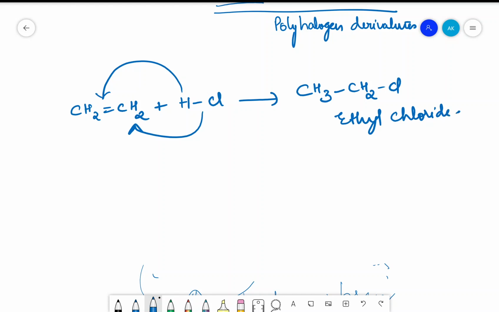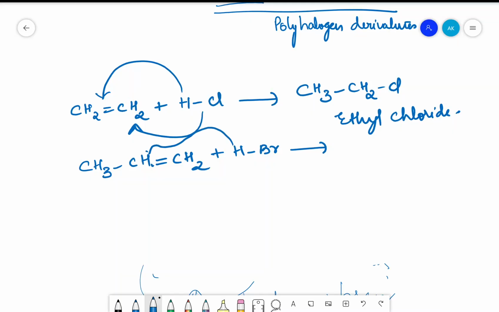You can even use propene also. For instance, propene is CH3CH=CH2, which reacts with HBr, another halogen acid. Halogen with hydrogen together is called a halogen acid.